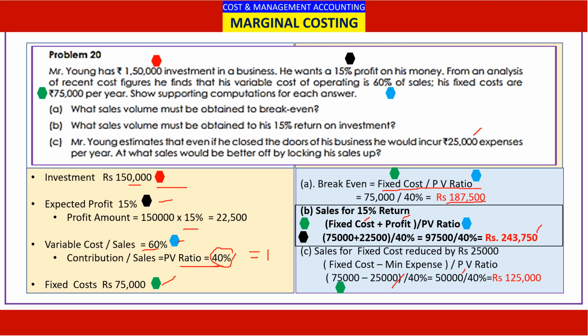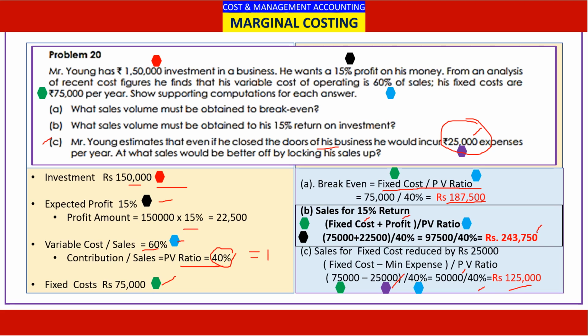Now, if he wants to close his business with a fixed expense of 25,000, he has to recover 50,000 as fixed expenses divided by PV ratio 40%. He should achieve a sales of 1,25,000, and that is the answer for question number 3.